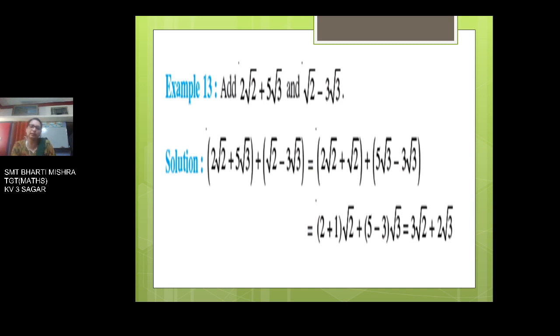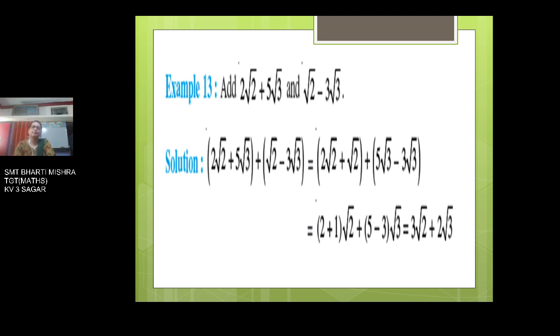Now let us look at the first bracket. In the first bracket we have root 2 common. So keeping root 2 common, we have the coefficients along with the root 2. In the first we have 2 root 2, so 2 is the coefficient. Here root 2 alone is written, that means 1 is the coefficient.